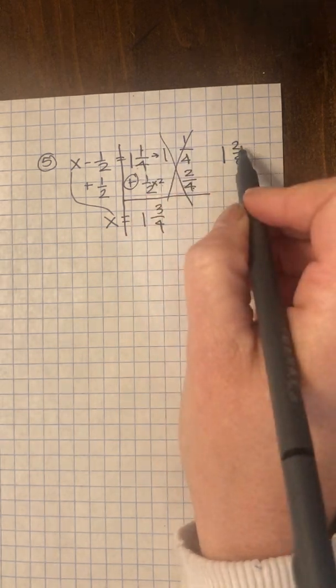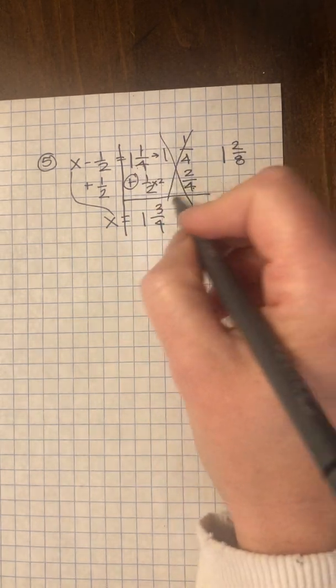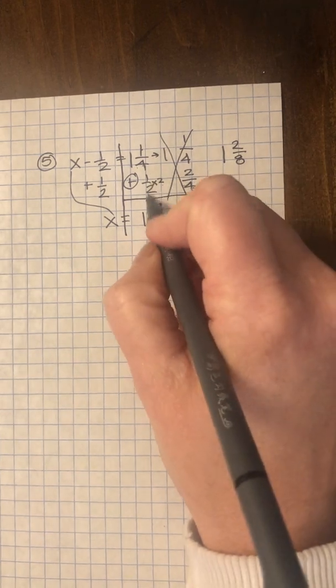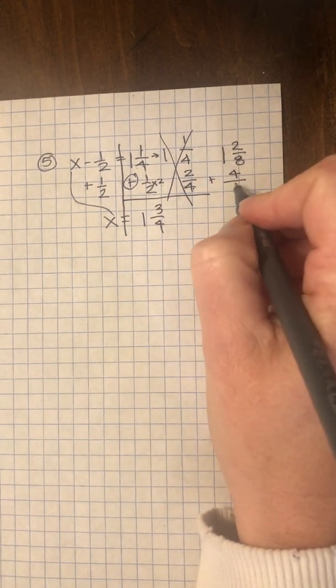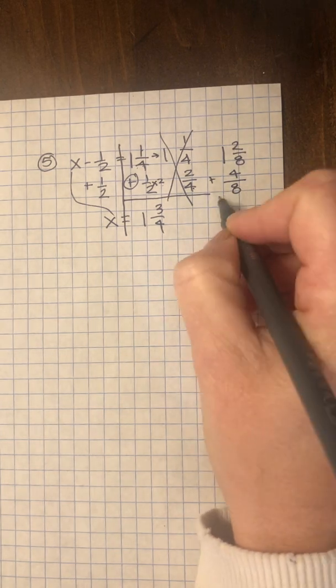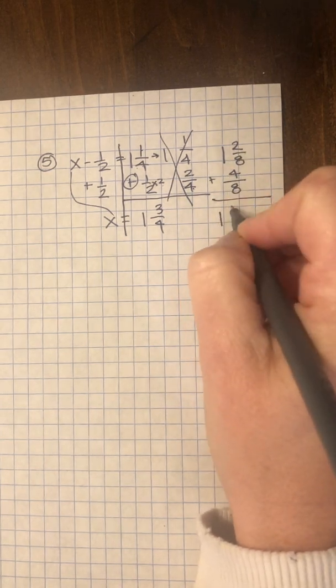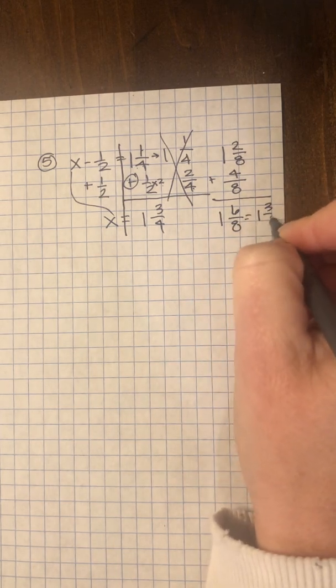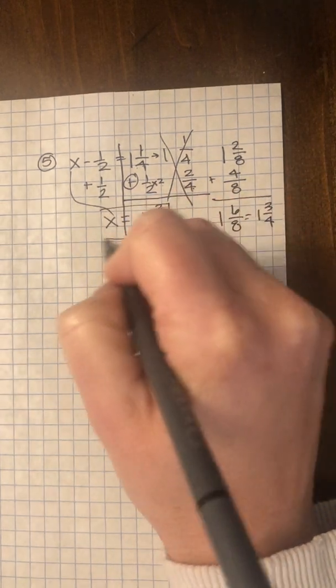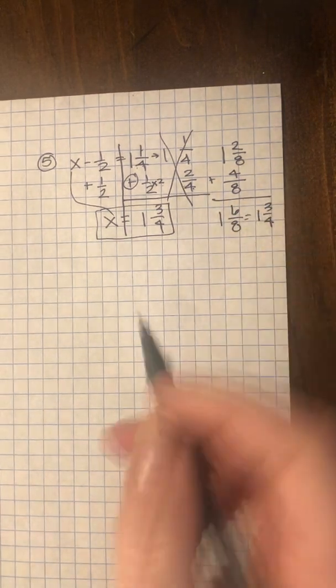So 1 times 2 is 2 and 4 times 2 is 8. And on the bottom, we would multiply the 1/2 by 4. So we would get 4/8. And when we add this, we would get 1 and 6/8, which reduces down to 1 and 3/4. So whichever way you do it, as long as you're careful with your math, you will get it correct.